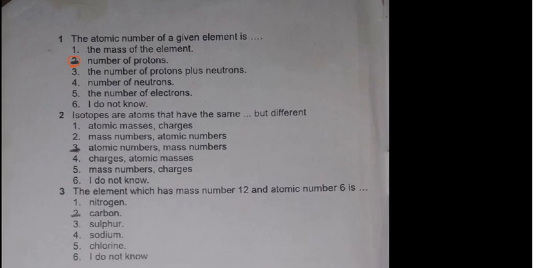Let's go to question 2. Question 2 says isotopes are atoms that have the same dash but different dash. So isotopes have the same atomic number but different mass numbers. For example, we have isotopes of carbon. Let's try to write them.